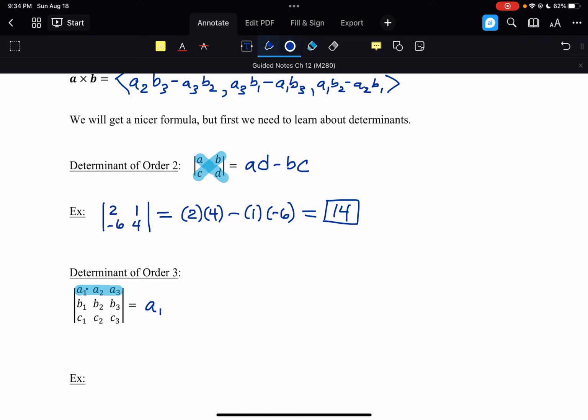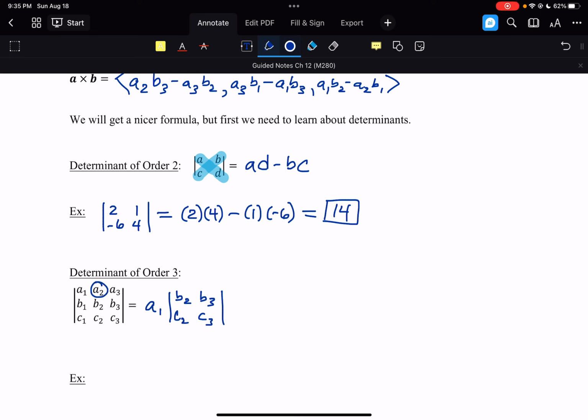Then we block off the row and the column for the value that we just used. What you have left is a little 2x2 determinant of the values remaining. So it's going to be A1 times this 2x2 determinant. And that's the first one.